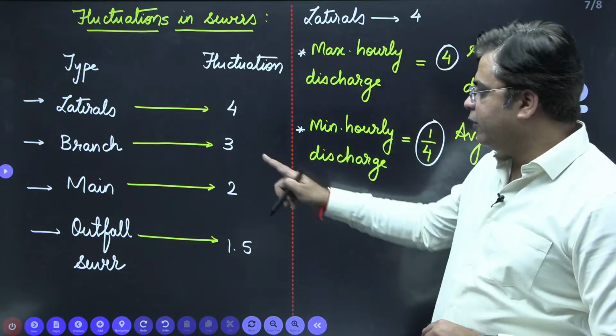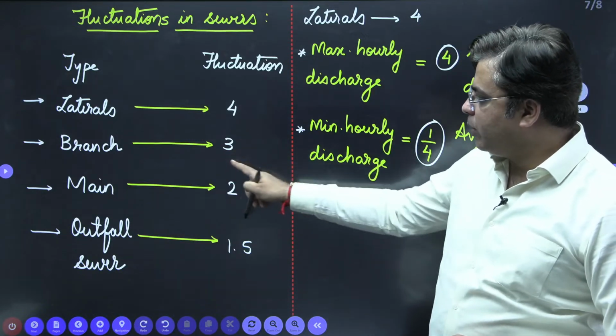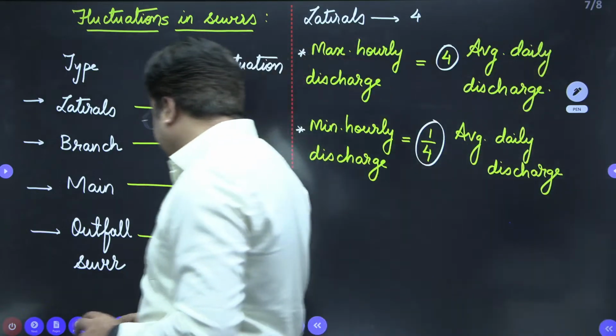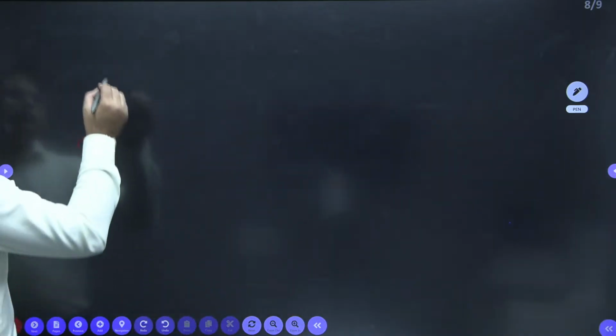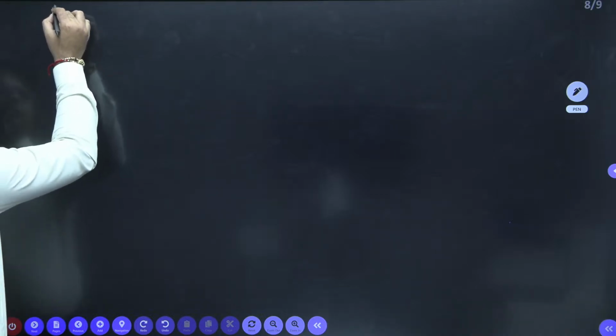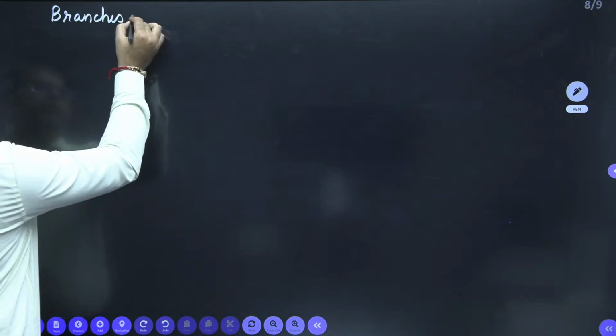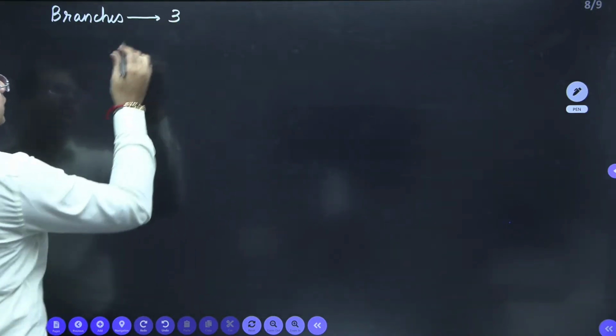Now, next one, if I talk about branches, for branches your fluctuation is 3. So, again for branches I can write the same thing. So, for branches, or branch sewer, fluctuation is 3.